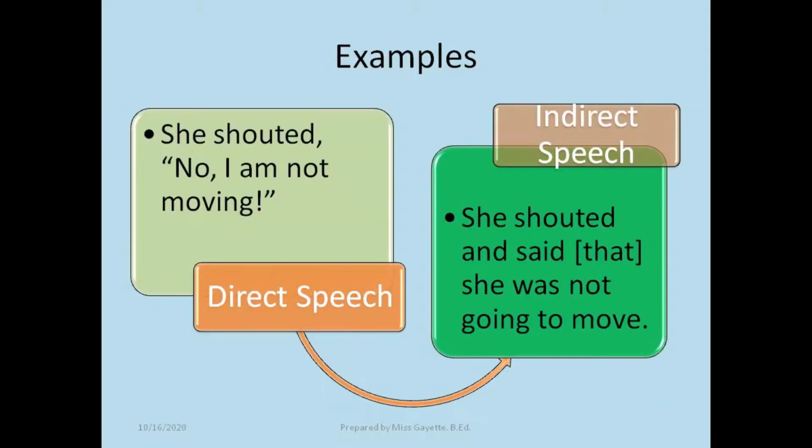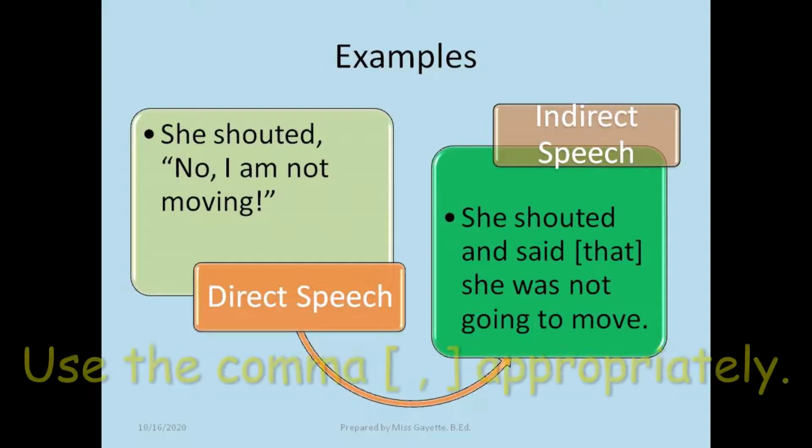In another example, we have direct speech. She shouted, "No, I am not moving!" Notice here we have the exclamation mark, and it is, of course, within our quotation. It's at the end of this sentence because we have the tag going at the beginning of the sentence.